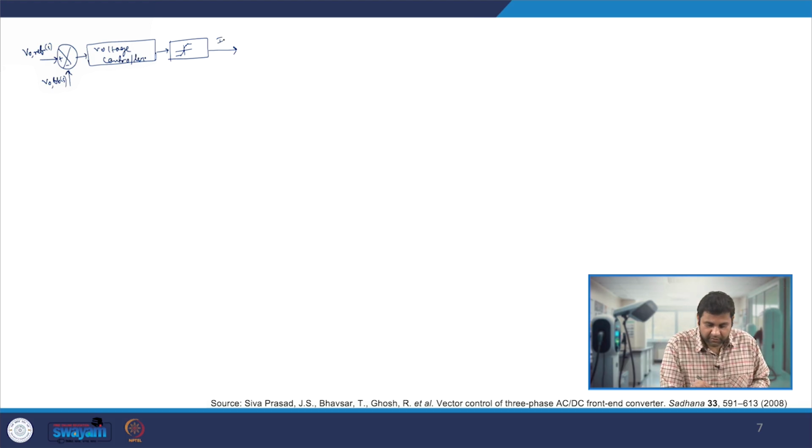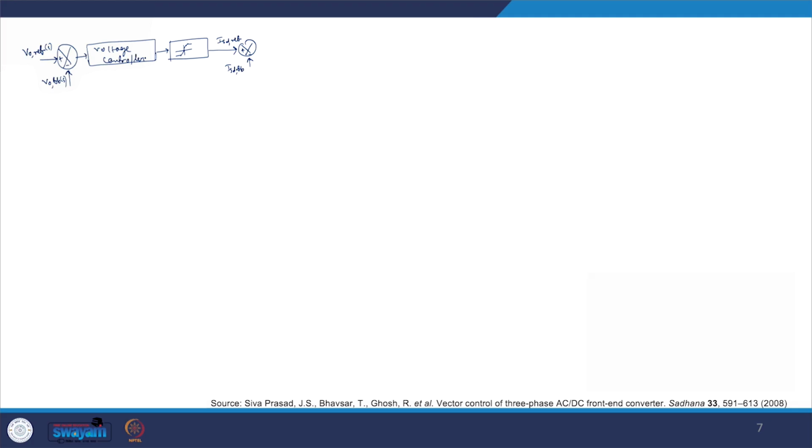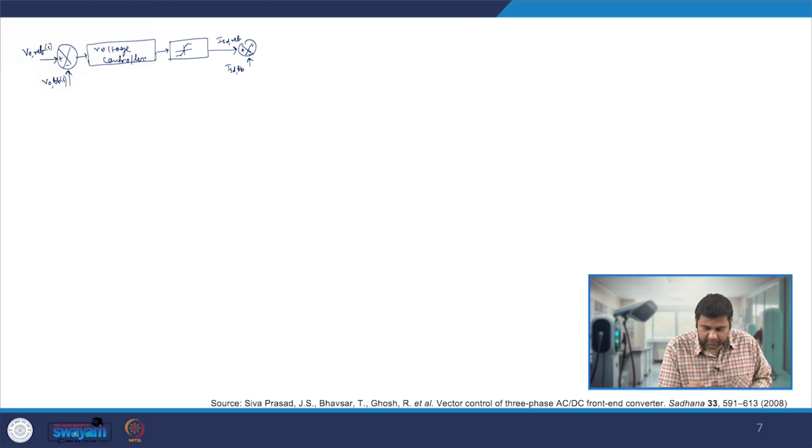So here we have ISD reference, and this we compare with ISD feedback, obviously in the S domain, and this will then go through the ISD current controller.